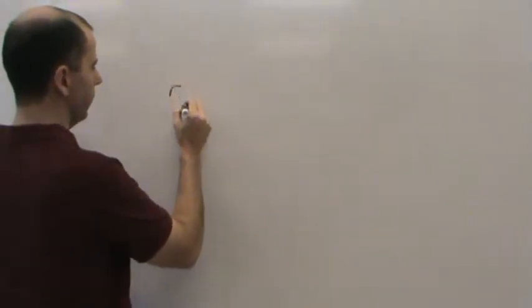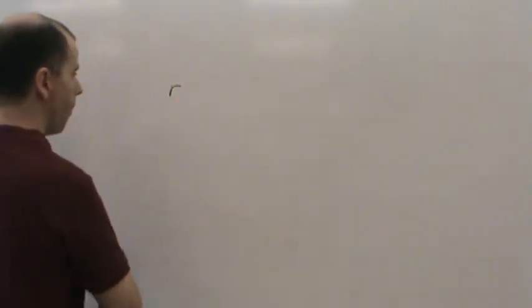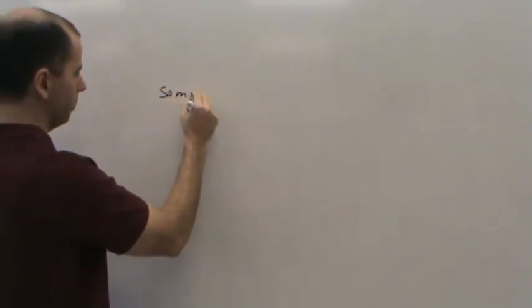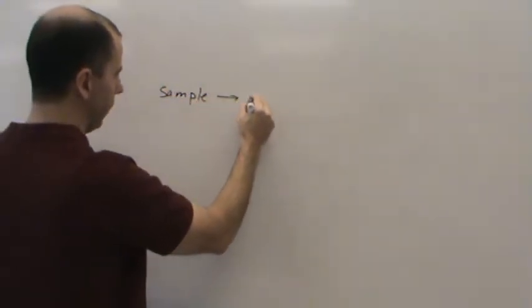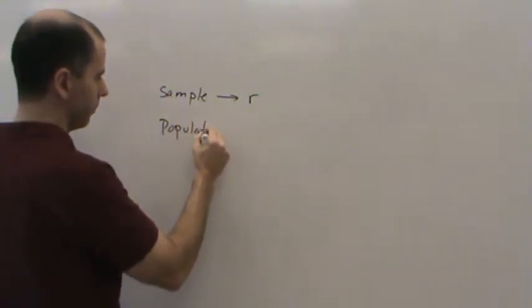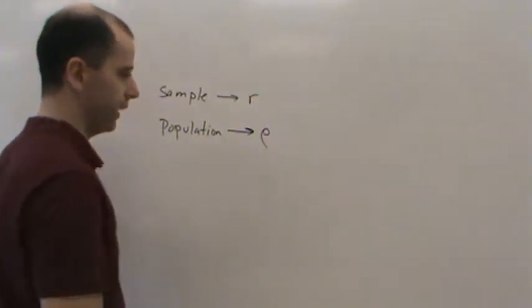Now notice, one thing I want to talk about before we do that is R is the sample correlation coefficient. It's the sample statistic. So R comes from the sample. If we have a sample, we can calculate R. If we have the population, then we can calculate rho.